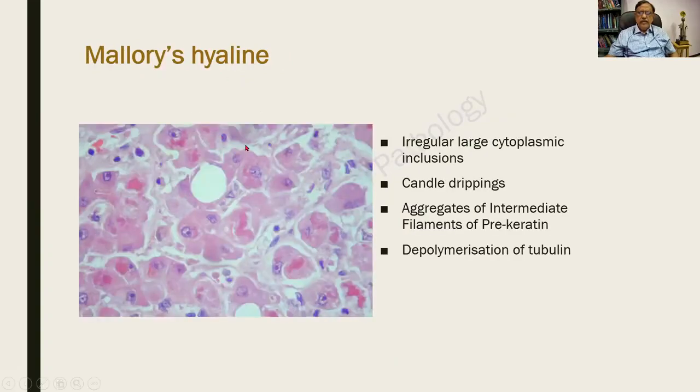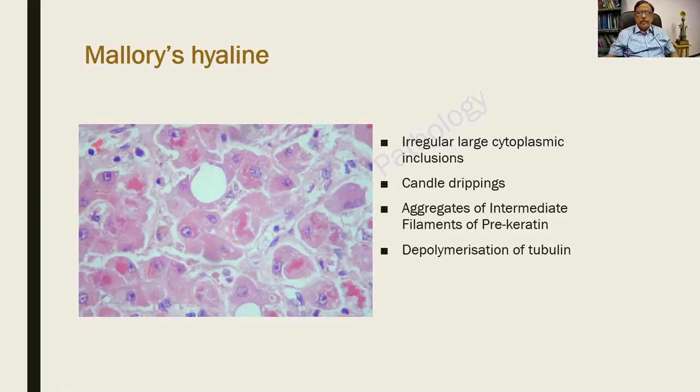This is a picture of the Mallory's hyaline. I find that the hepatocytes are all enlarged and there are some eosinophilic inclusions that are found in the cytoplasm, irregular. The description is they are large, irregular cytoplasmic inclusions described as candle drippings.